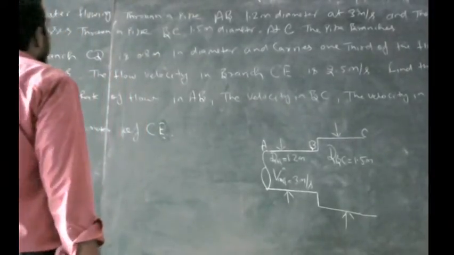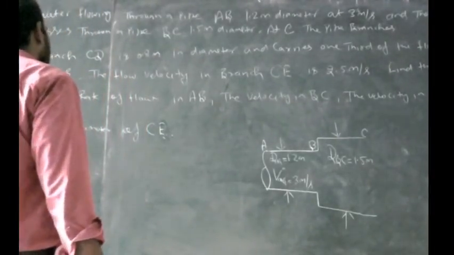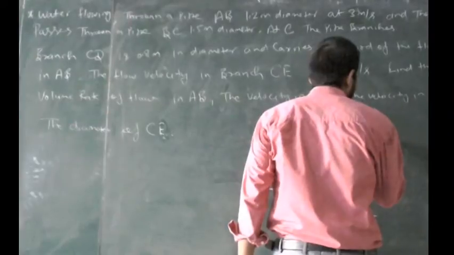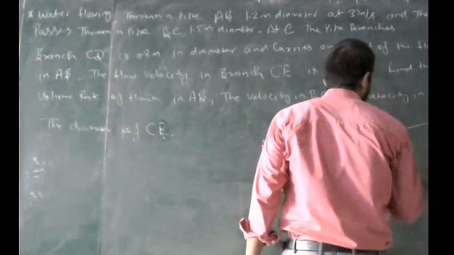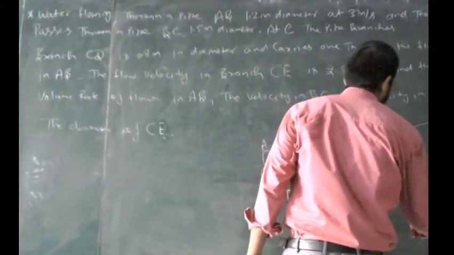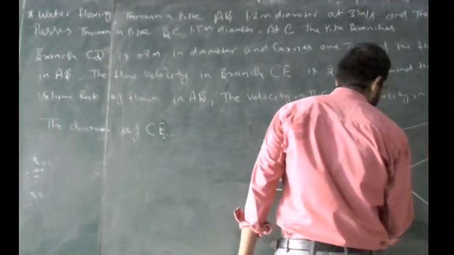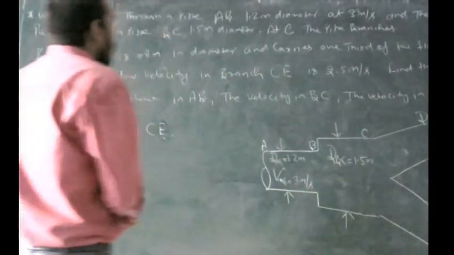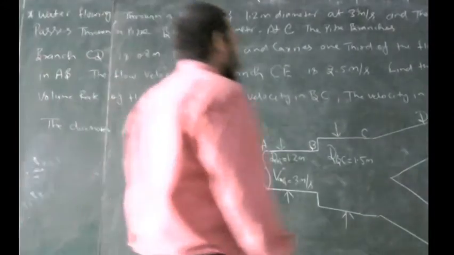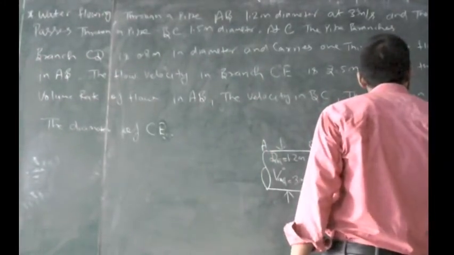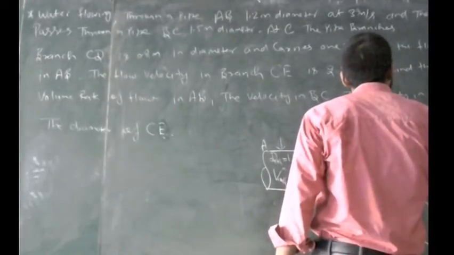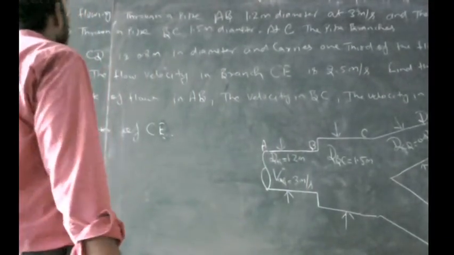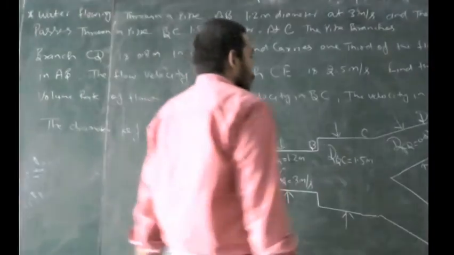At C, the pipe branches. CD is 0.8 meter in diameter and carries 1/3 of the flow in AB.